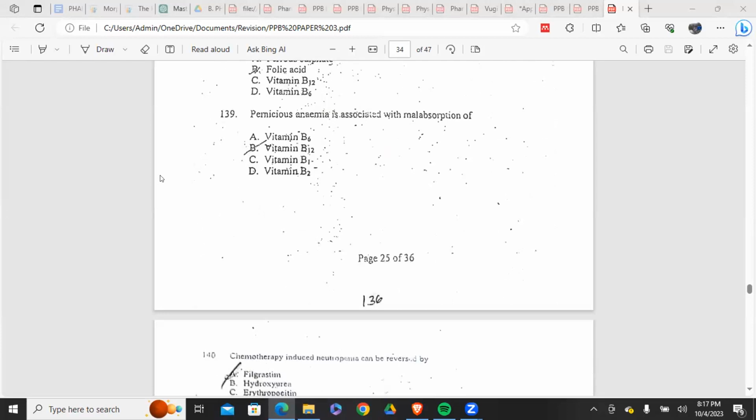Pernicious anemia is associated with malabsorption of... not B12, maybe B6. Pernicious.